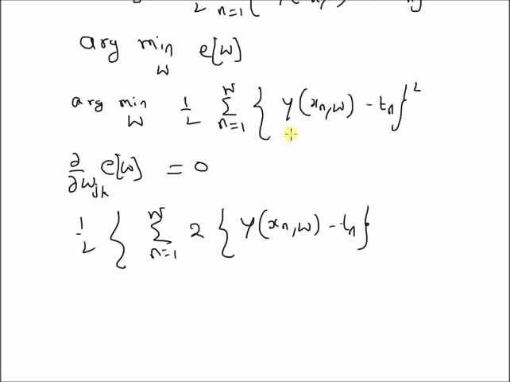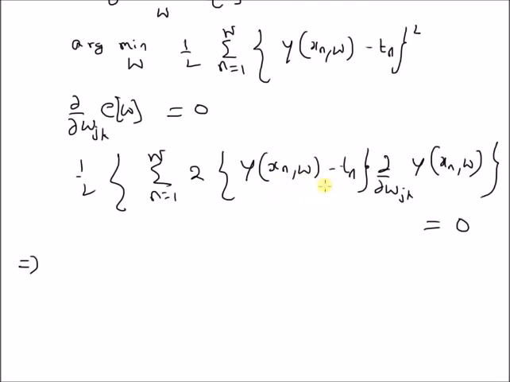Then we have dou by dou wjk of y of xn comma w, and this summation should be equal to 0. This can be rewritten with the error between the output and the target value, en, equal to y of xn comma w minus tn.